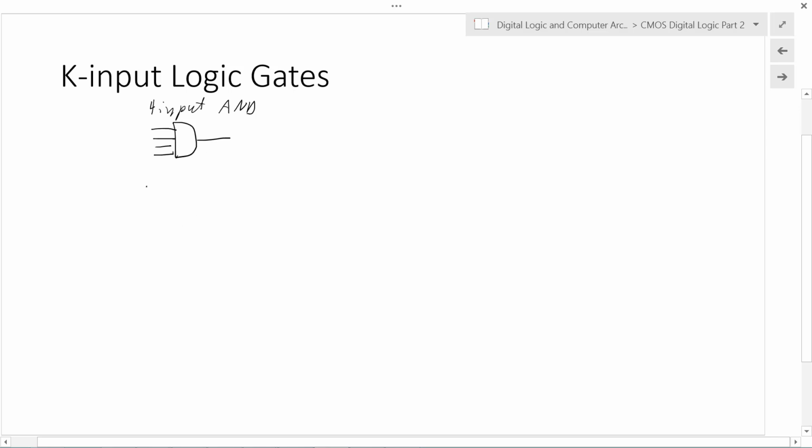We could do a 3 input OR. We could do a 5 input NOR.